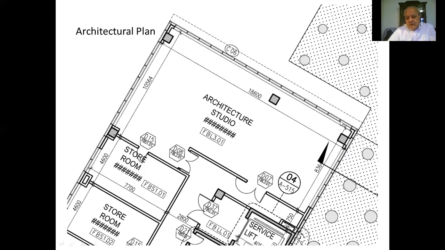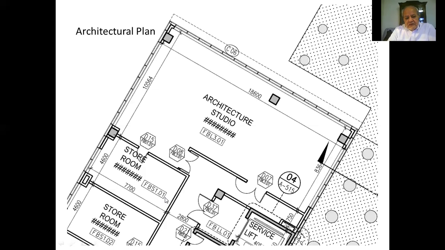So we work with the building envelope, and we develop a detailed plan with dimensions, with room names, with room indications, numbers, so that we can use it for the finishing materials schedule. So this is a first stage that the architect goes through and works on the architectural plan.